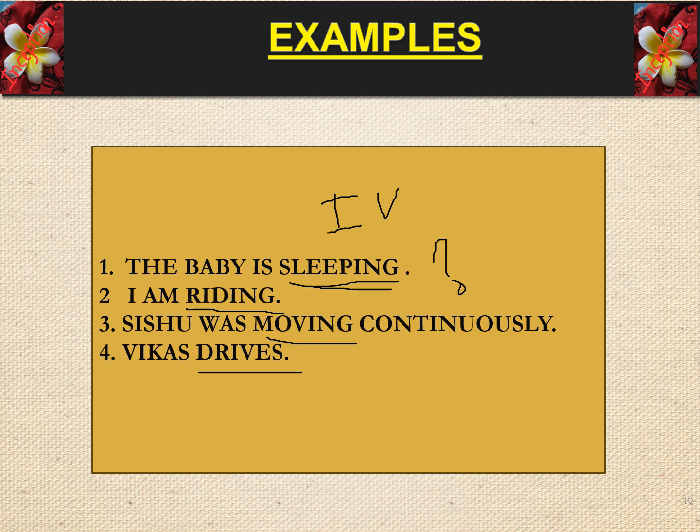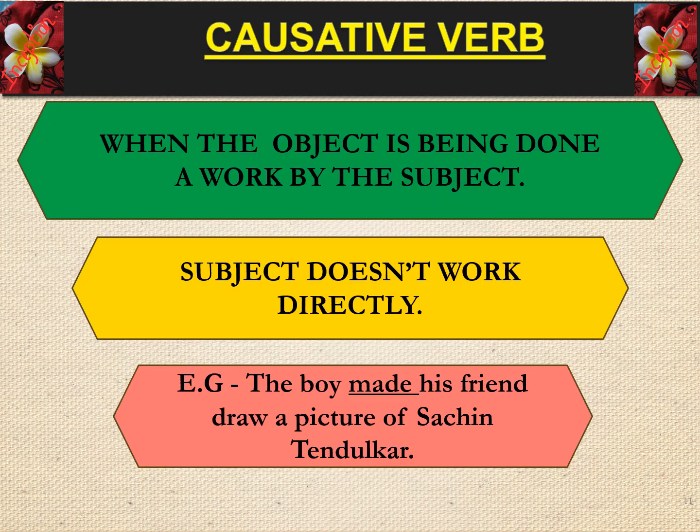Next, causative verbs. Causative verbs are very important. Okay. So, when the object is being done a work by the subject, you have to understand the meaning of the definition, then I think you will be very much able to understand the verbs, to recognize the differences.